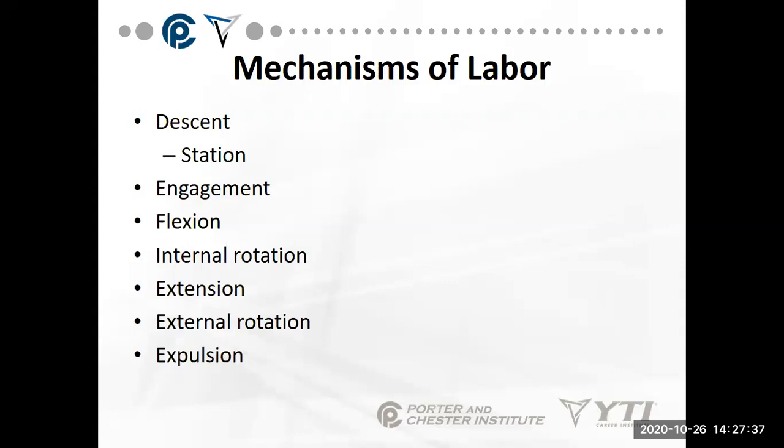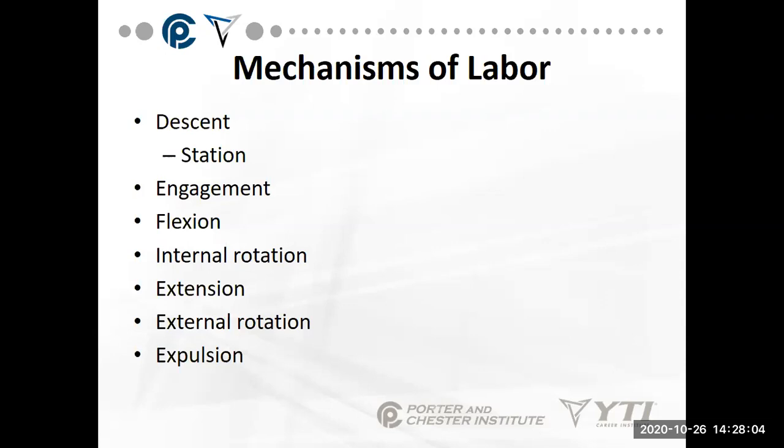Okay, so now you have the mechanisms of labor. We're looking at basically how the fetus descends and engages, and the whole extension and rotation, in order for the passenger to come through the passage.